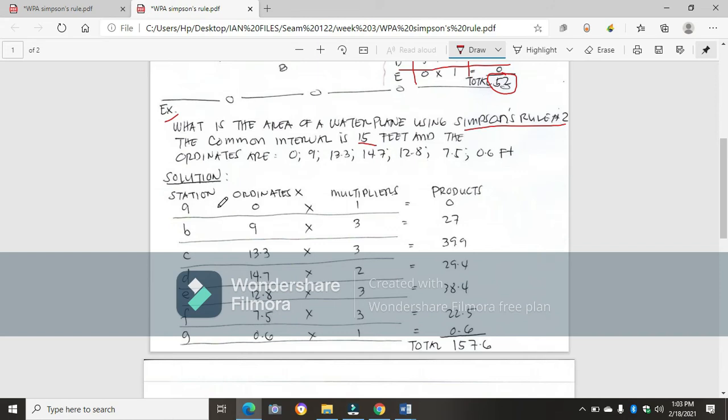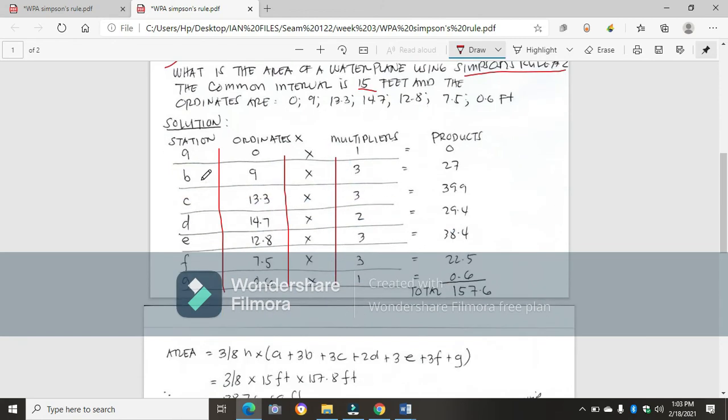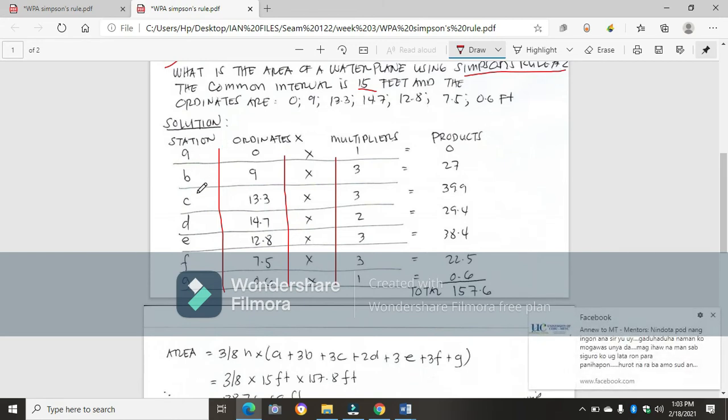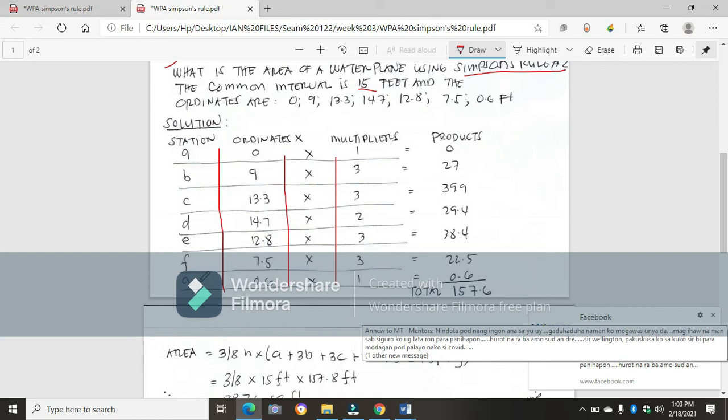So solution. First we will make a table, a column, and then we will put A, since this is 1, 2, 3, 4, 5, 6, 7. So this is 7 ordinates. So A, B, C, D, E, F, G. Each ordinate has an equivalent of 0, 9, 13.3, and so on.